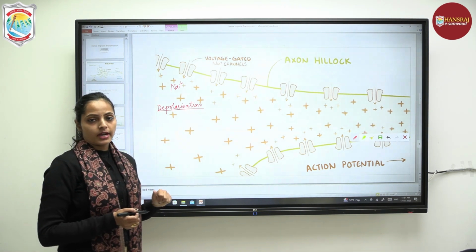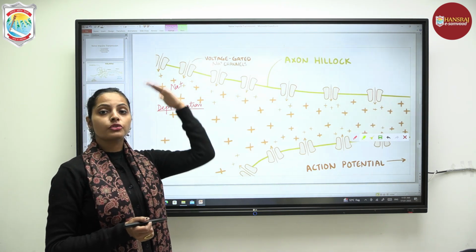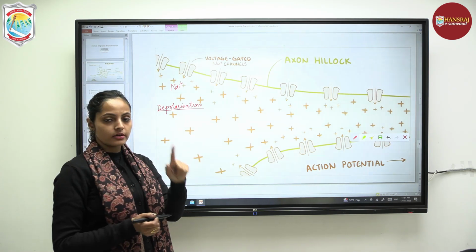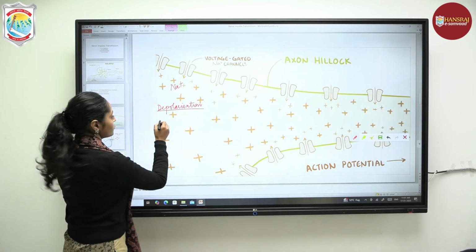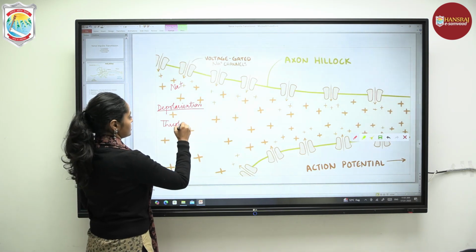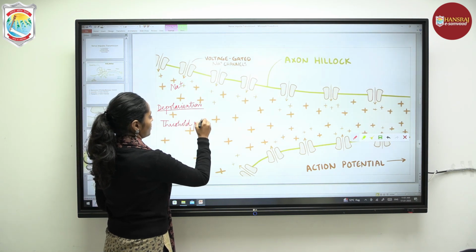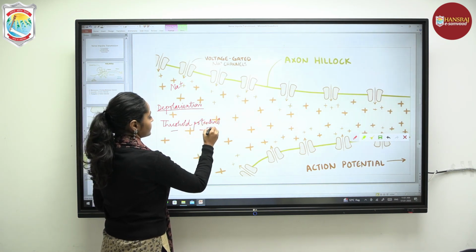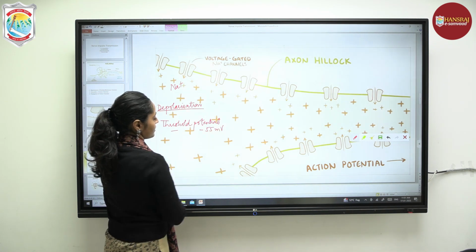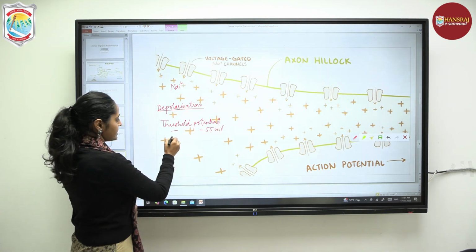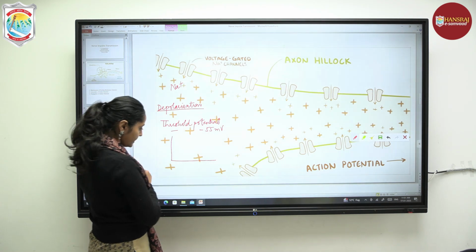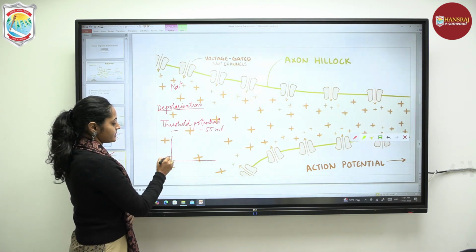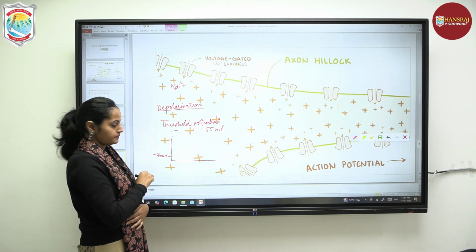Now for depolarization to occur, or for it to reach action potential, first the membrane has to reach threshold potential or threshold value. The threshold value is minus 55 millivolt. So at resting state, let's talk in terms of the graph. At resting state, the membrane potential was minus 70 millivolts.